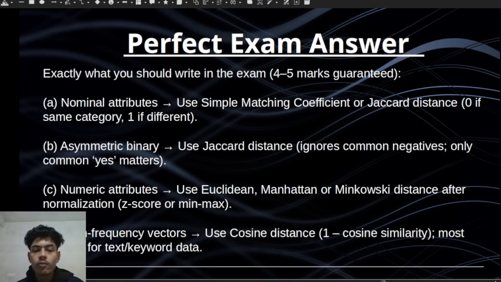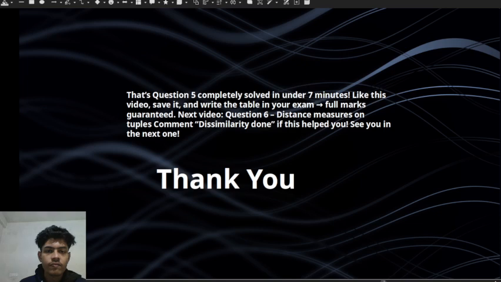For numeric attributes, use Euclidean, Manhattan or Minkowski distance after normalization, z-score or min-max. For term frequency vectors, use cosine distance, that is 1 minus cosine similarity, most suitable for text keyword data to define vector clusters. And that's question 5 completely solved.